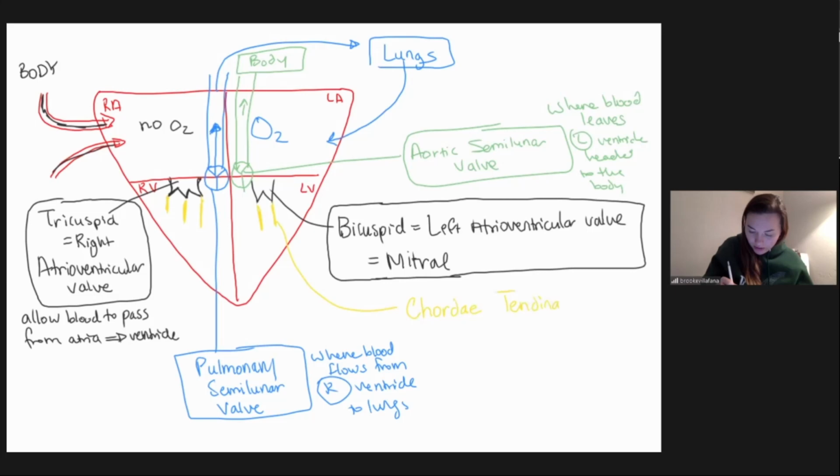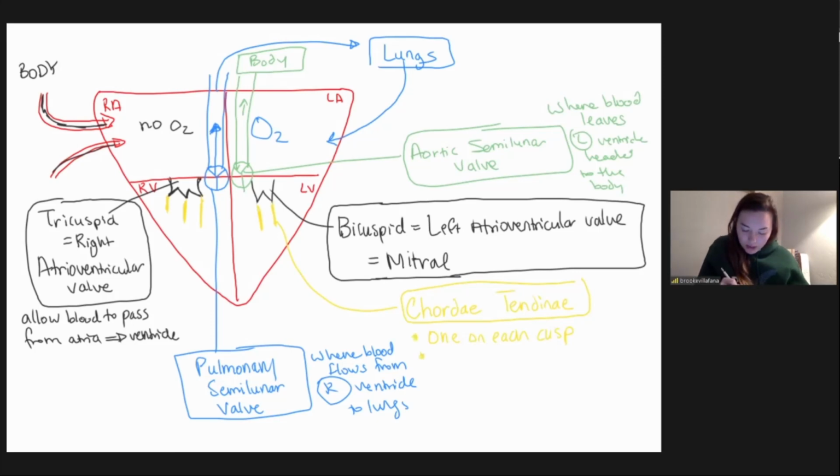They kind of look like little cords. There is one on each cusp of the valves. So how many are there on the bicuspid? 2. How many are there on the tricuspid? 3. Does that make sense?